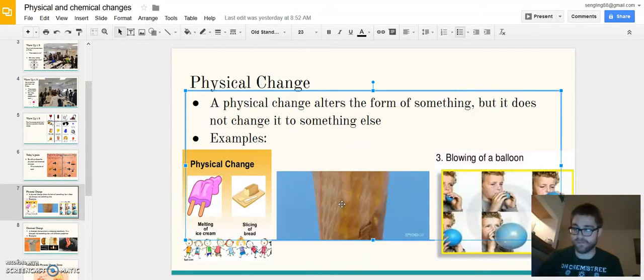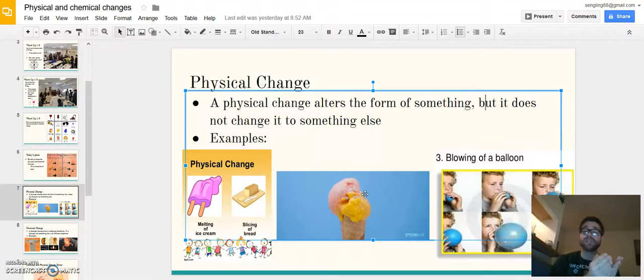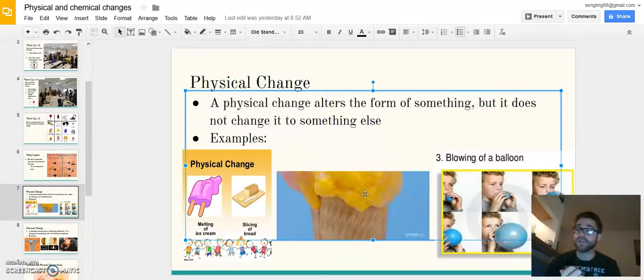We've discussed a lot of examples of this. The ice cream melting would be a physical change because the ice cream does not change into anything else. It's ice cream as a solid and it's ice cream as a liquid. It doesn't change. It's ice cream either way.